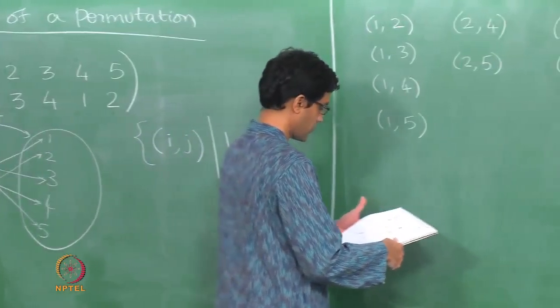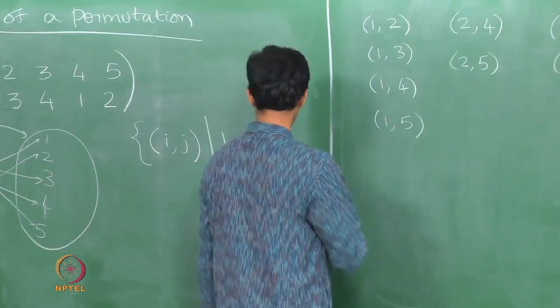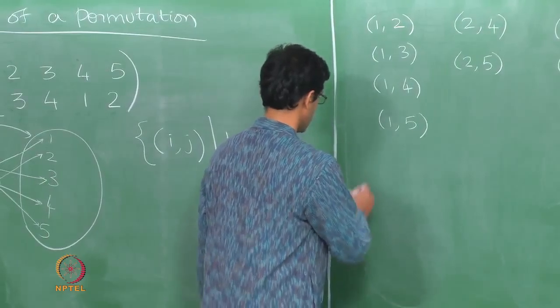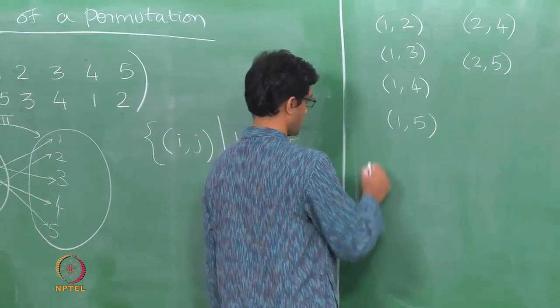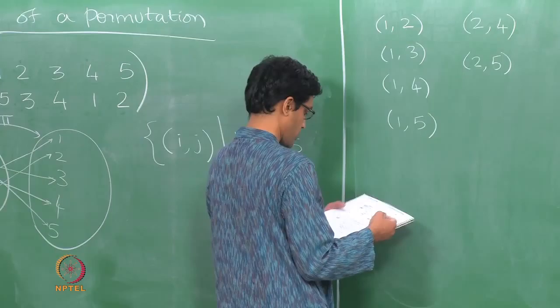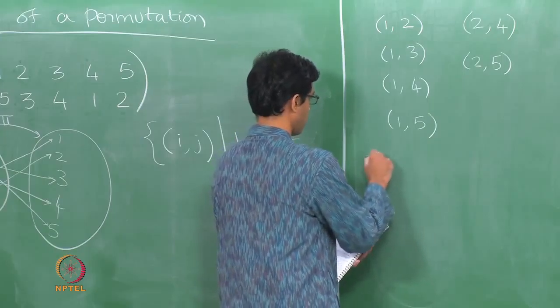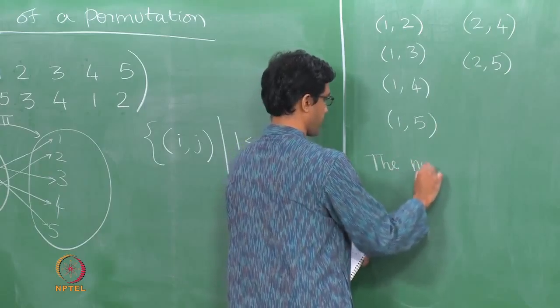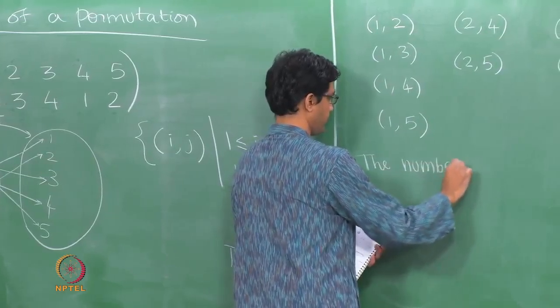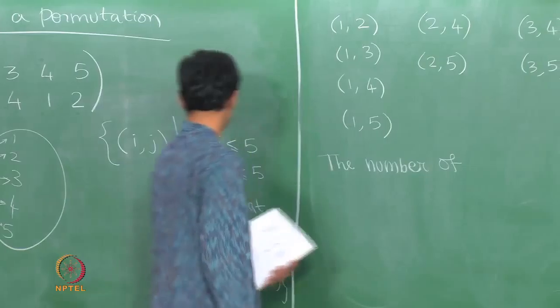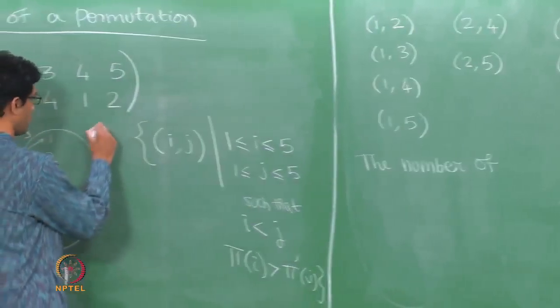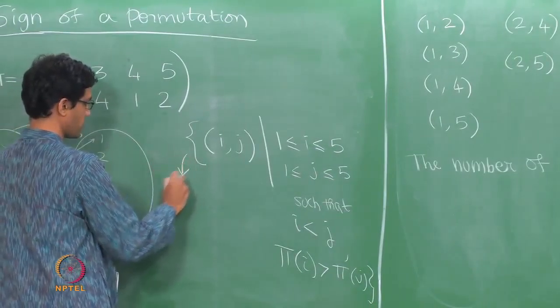And so let us just say something more. The number of elements in this set will be important for us. Like I said, it is sometimes called the number of inversions. So let us just say this is the set, what we will call the set of inversions of pi.